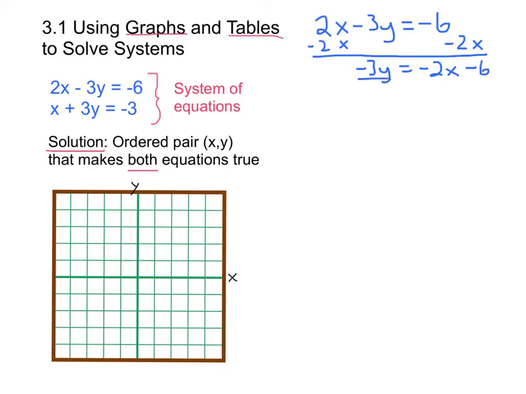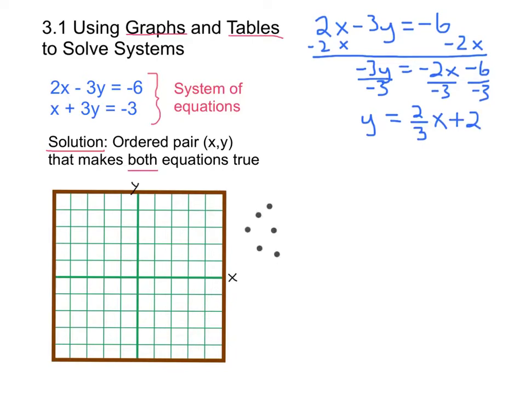Then divide both sides by negative 3, and our equation ends up being y equals positive 2/3 x plus 2, because a negative divided by a negative is positive.